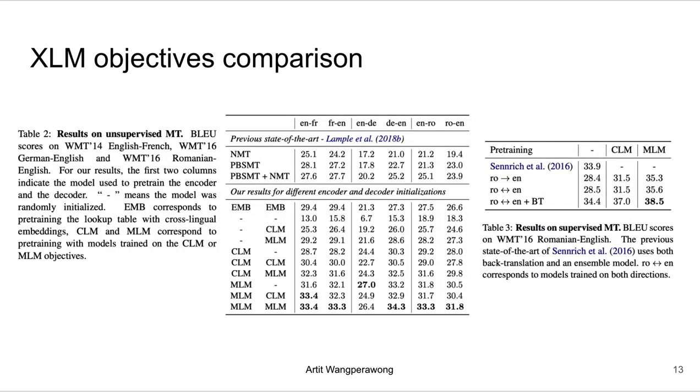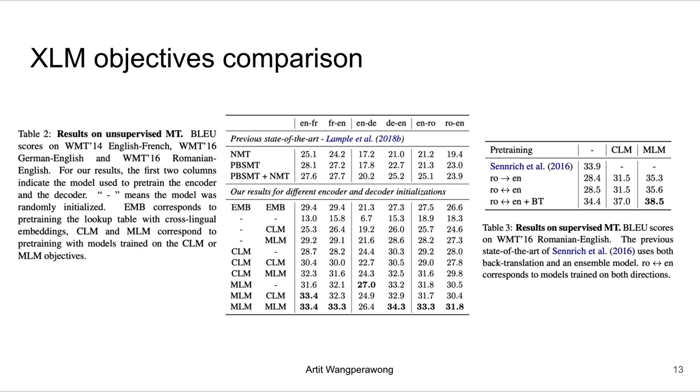In table 2 here, we show results for unsupervised machine translation. Here are the BLEU scores. This table looks at the performance of encoder and decoder pre-training for XLM. Remember, XLM pre-trains both the encoder and decoder, unlike BERT, which is only the encoder, and unlike GPT, which is only the decoder. EMB is using the lookup table with cross-lingual embeddings.